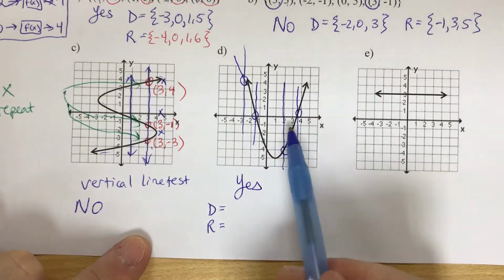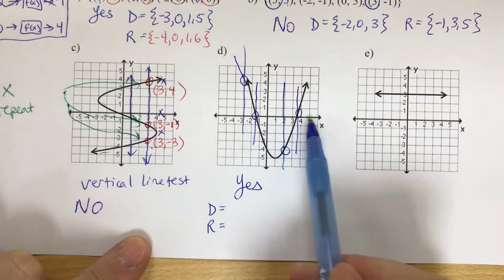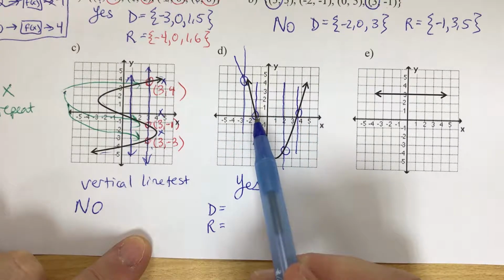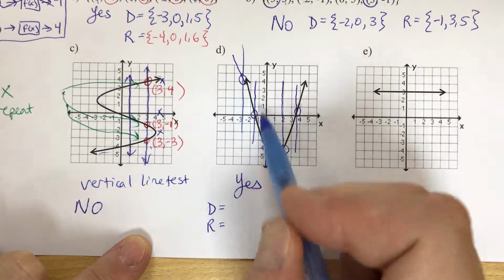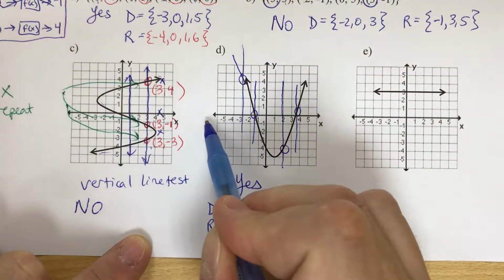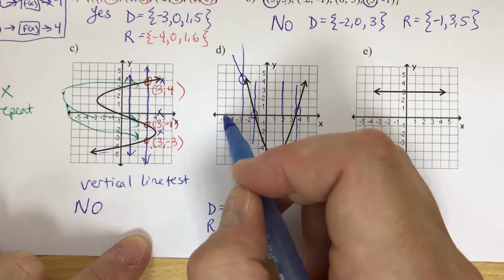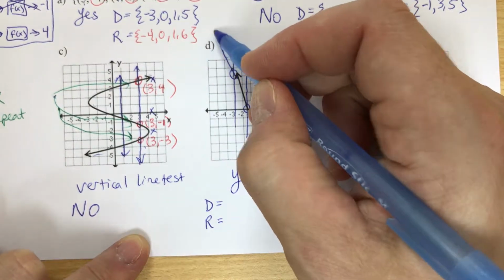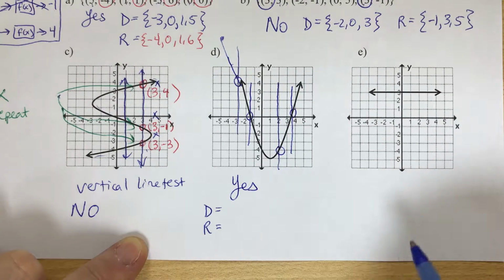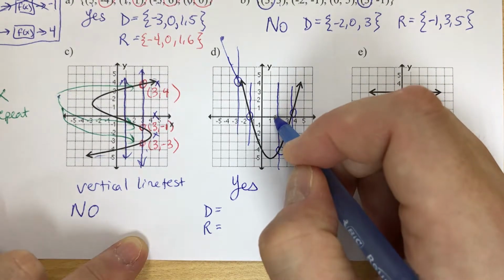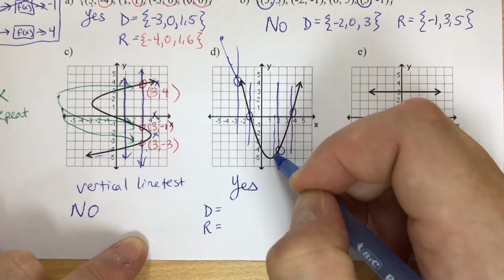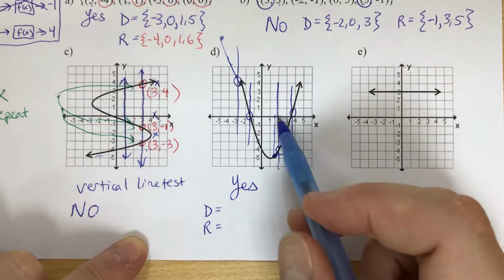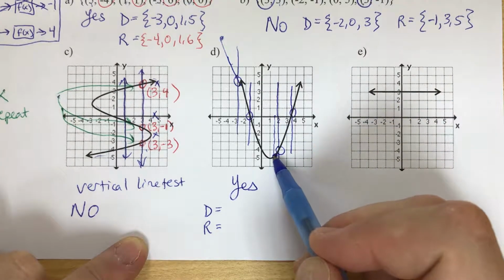Now the domain, and this is something that's a little bit tricky to think about, but the idea of the domain is the set of all the x values. Well, this arrow means it'll keep going to the left. If I take x is -5, somewhere up here is going to be a point on the line. If I take 1.5 here, somewhere down here, there's going to be a point on the line. There will be a y value.